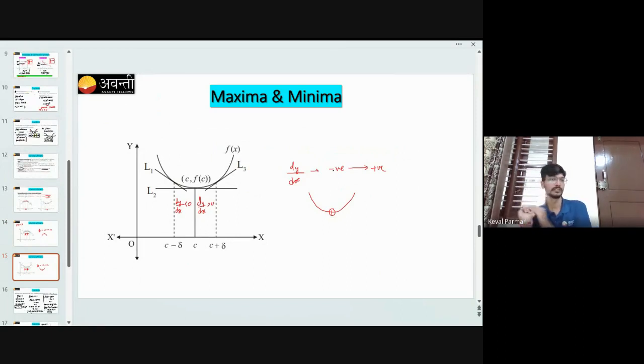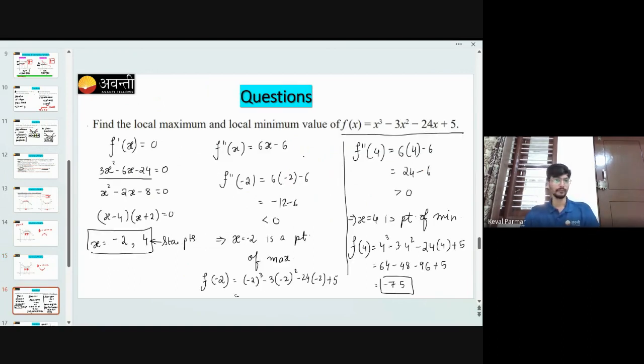So after this we saw the questions. How to do them with the second derivative test, how to do them with the first derivative test, and application questions, like real life problems. From this, we can also do this by the first derivative test. Got it? So if we plot this equation in the wavy curve, you will see -2, 4. Positive, negative, positive.